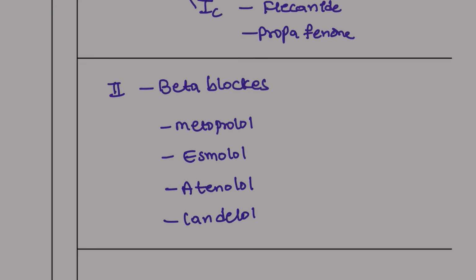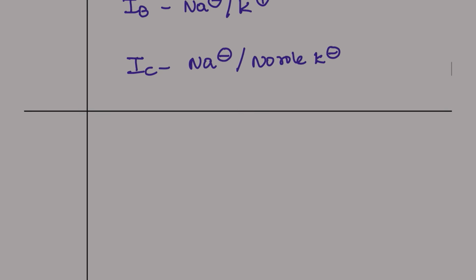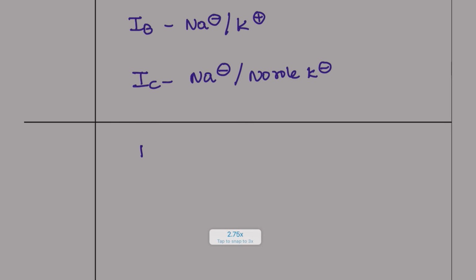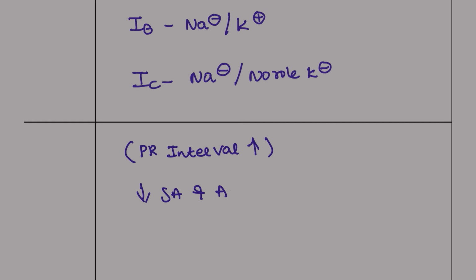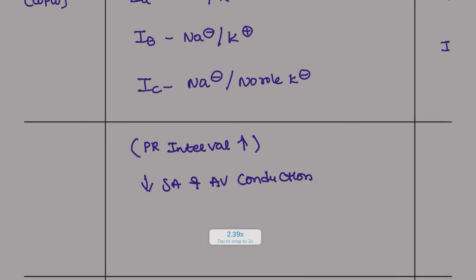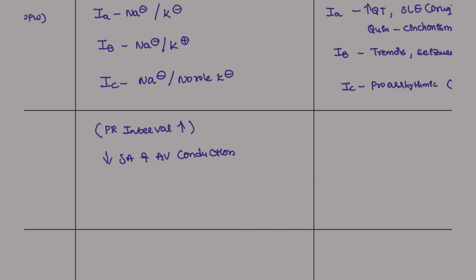All these -lol drugs come under the class 2 drugs. And the mechanism is basically that it will be increasing the PR interval. Further, it will be decreasing the SA and AV conduction. So this is the main mechanism of the antiarrhythmic action of the drug.